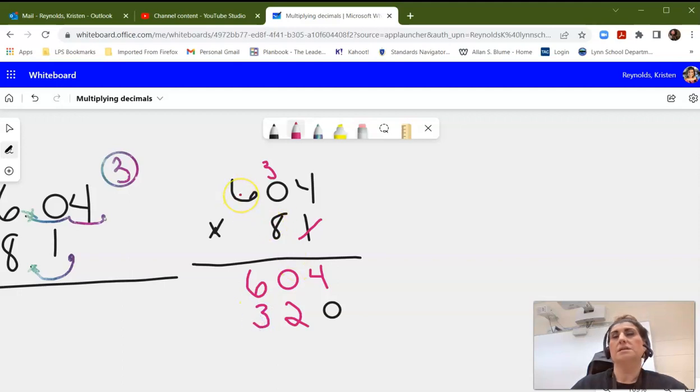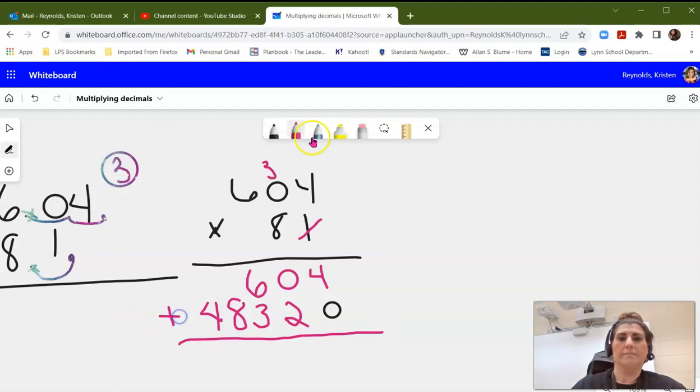And then 8 times 6 is 48. Okay, I'm going to draw a line underneath because now I need to add these values together.